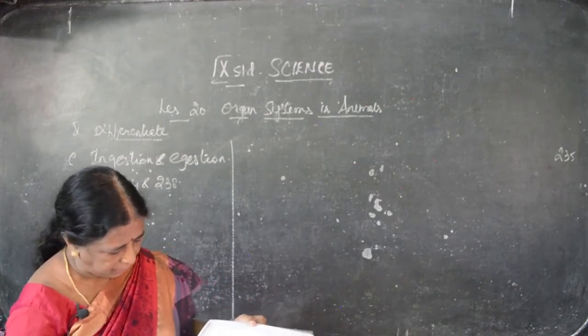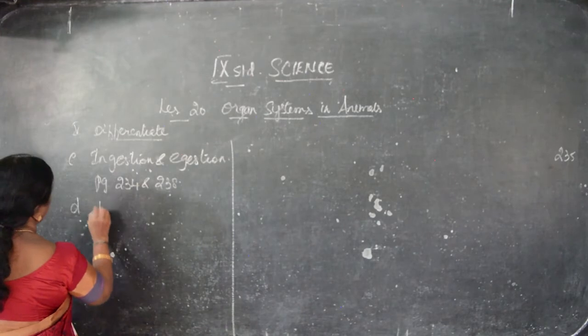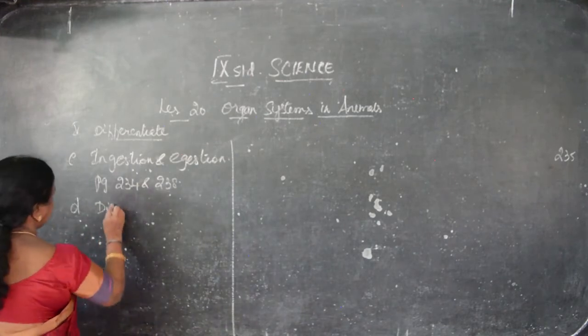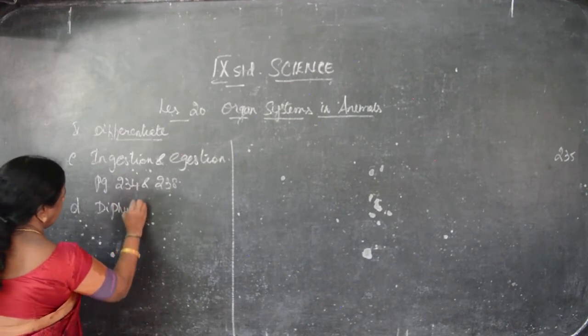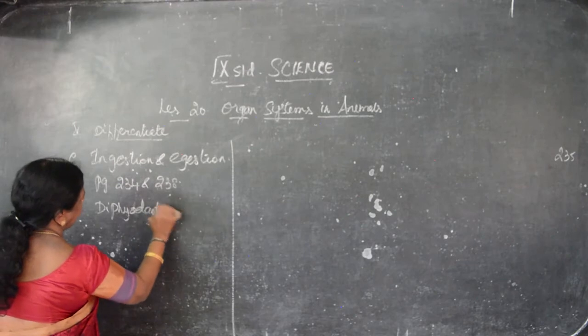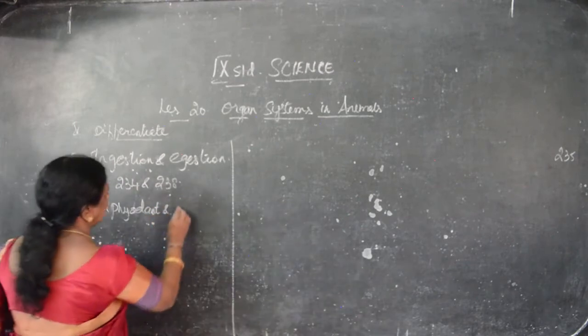Fourth one, diphyodont and heterodont. That is D. Diphyodont and heterodont.